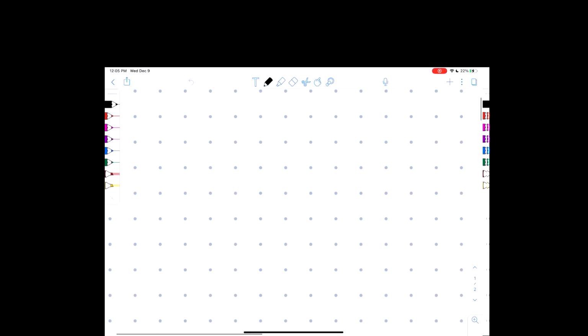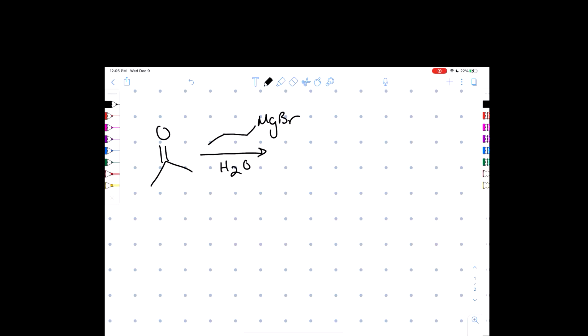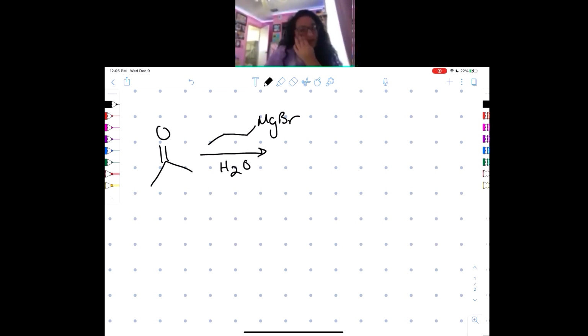So let's say we have a regular old ketone, something like this. If we were given something like this, this would just be a normal Grignard reaction, right?